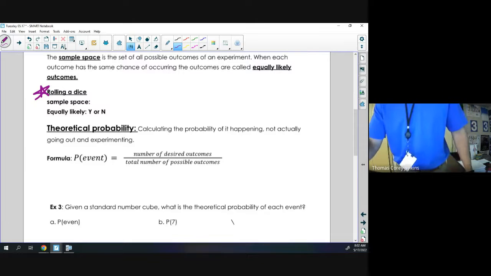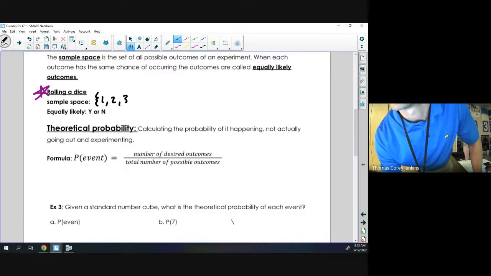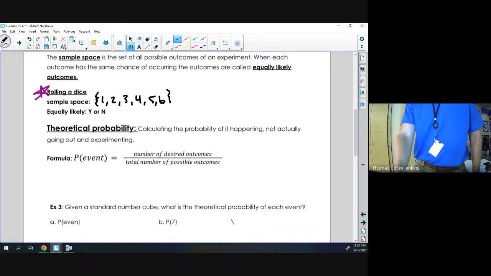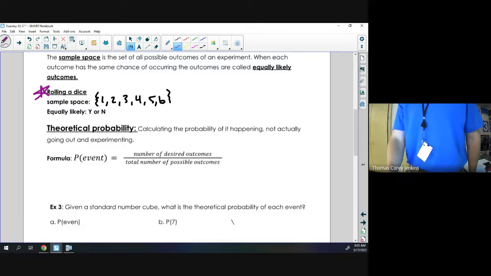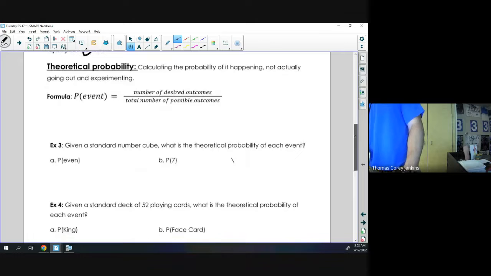But the sample space on a die is integers 1 through 6: 1, 2, 3, 4, 5, 6. And is it equally likely that you would get any one of those outcomes? Assuming it's not a weighted die or something weird, yes, each one would be equally likely, right? So there's a 1 out of 6 chance you would get any one of those outcomes. That's a common kind of problem.